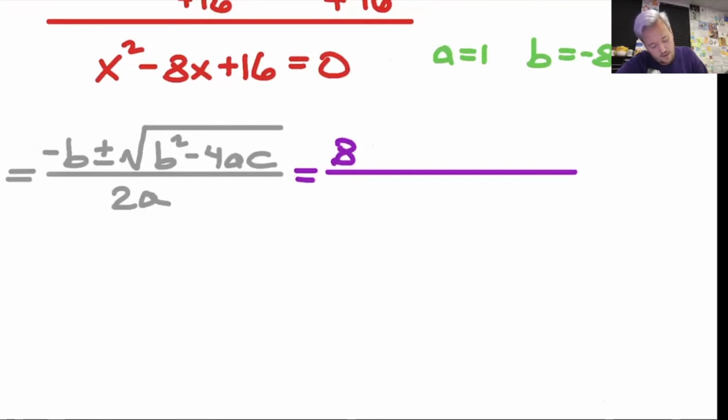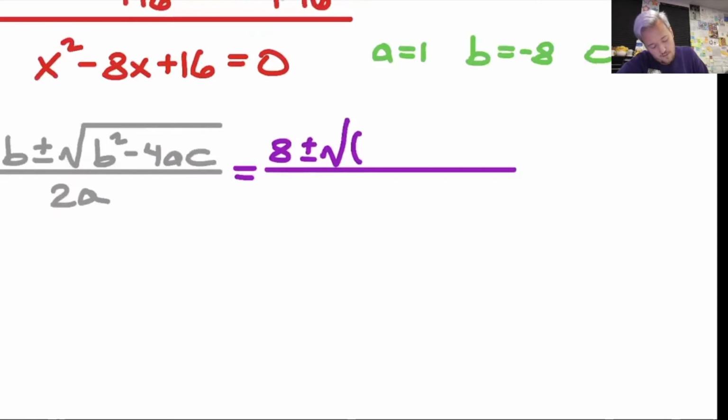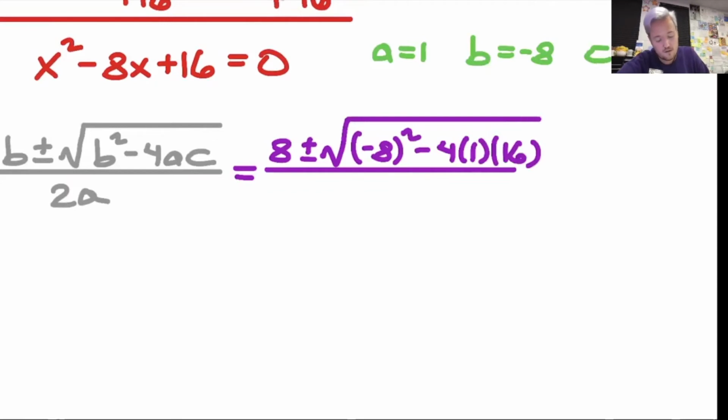It's a terrible 8. There we go. So +8 plus or minus the square root. Put it in parentheses because of that negative. So -8 squared minus 4 times a times your c value. Alrighty, let's go ahead and extend that a little bit. And then all over 2 times your a value.